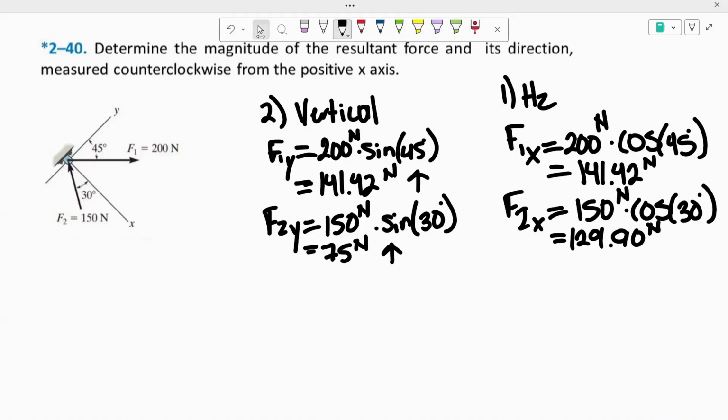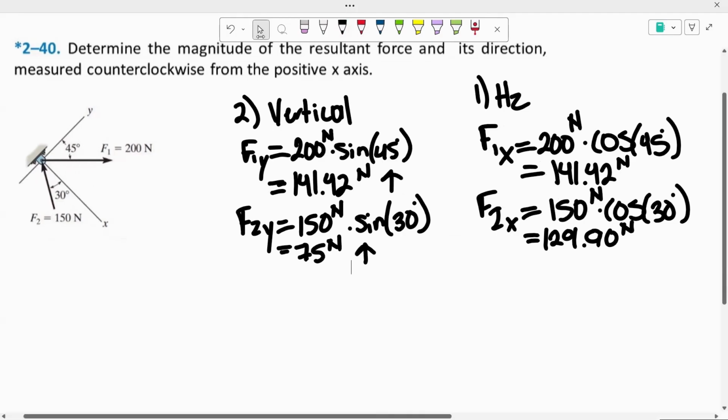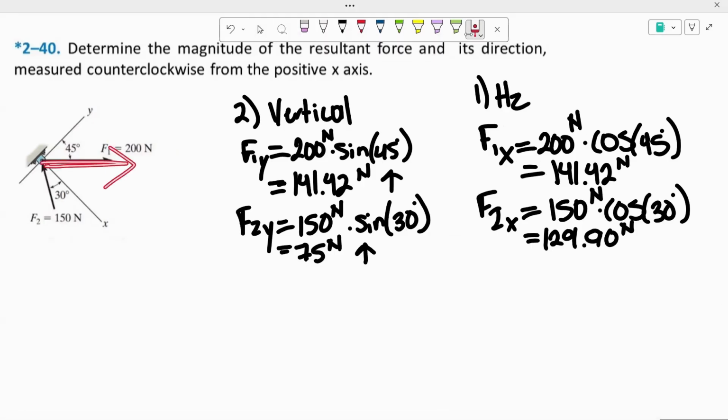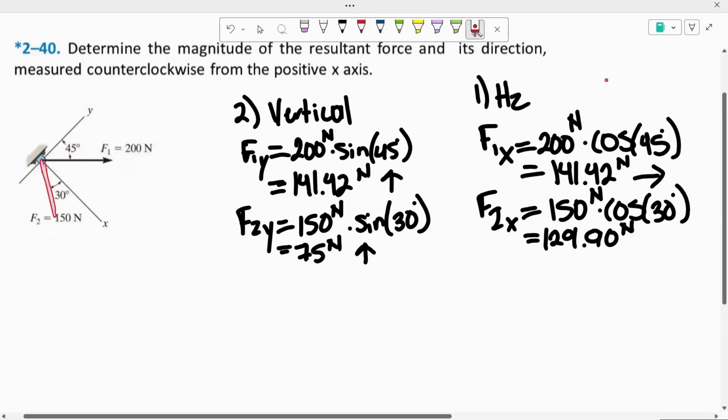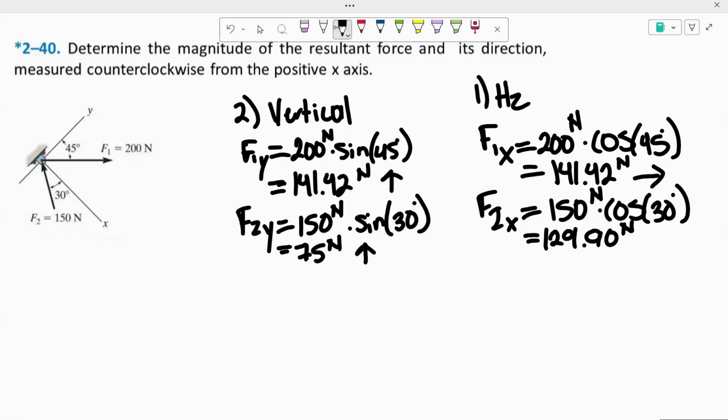From there, for our horizontal components, we see if it's going right or left. For F of 1, we could see how it is slanted towards the right, so the 141.42 newtons is going to the right. And for our F of 2, we could see how it's going towards the left, so that's why the 129.90 newtons is going to the left.